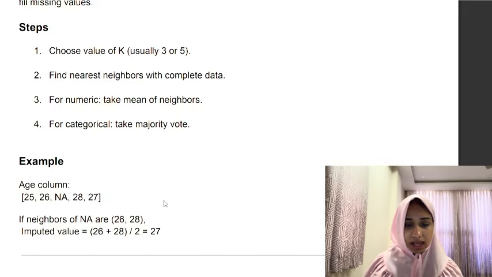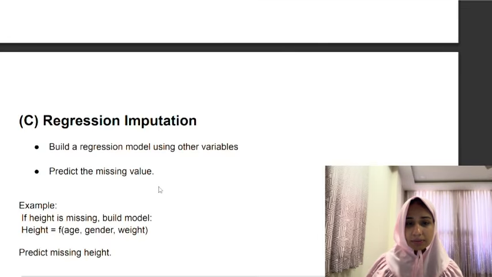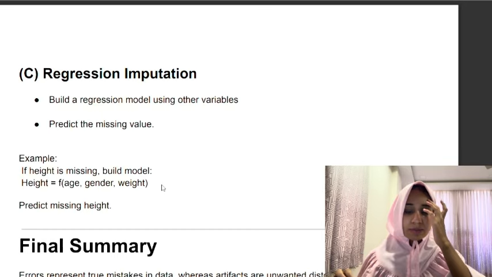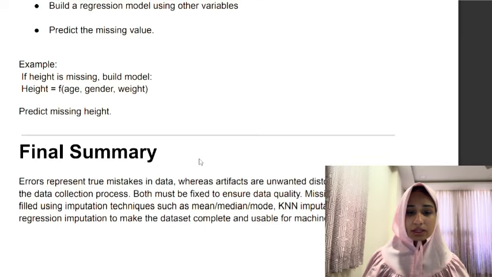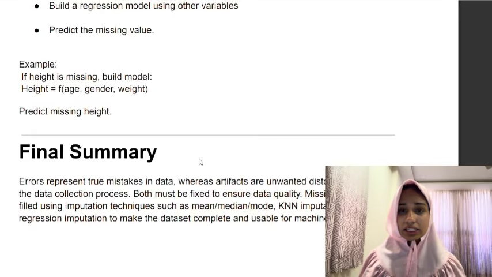For example, in an age column, if the neighbors for NA are 26 and 28, we find the average of both and fill in 27. Another method is regression: build a regression model using other variables and predict the values from it. If height is missing, height equals f of age, gender, weight, so we predict the height. So this is regression imputation.